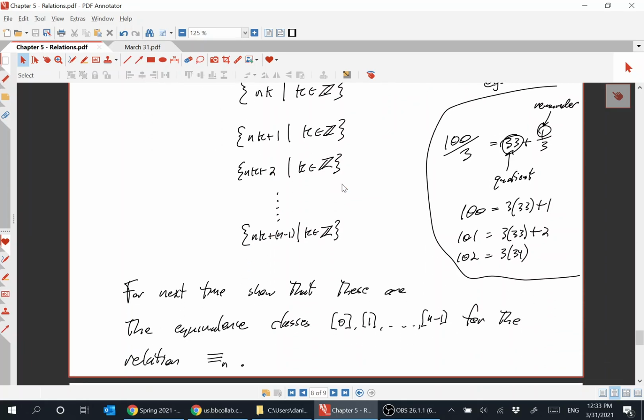So that's a partitioning of the integers.